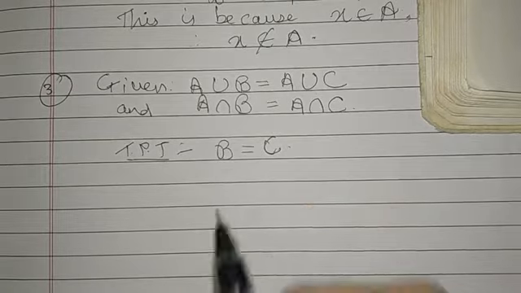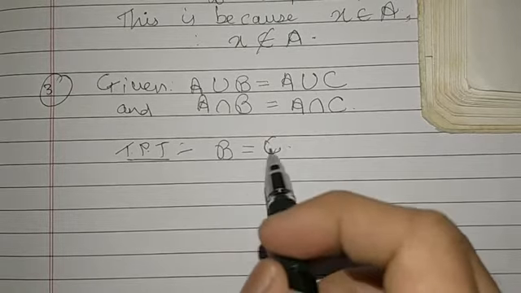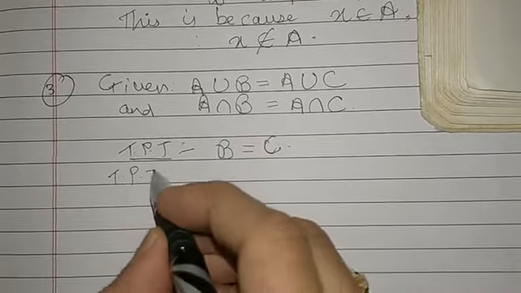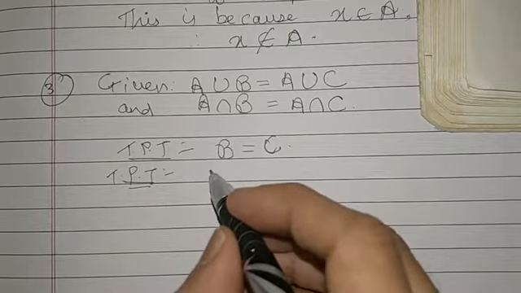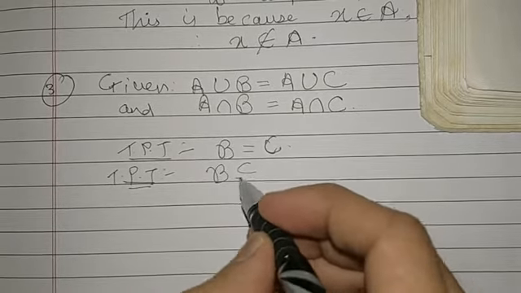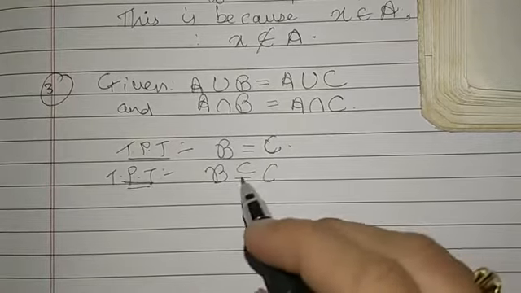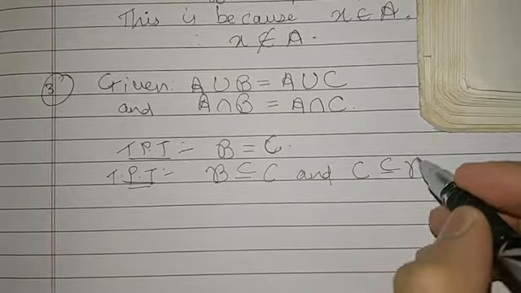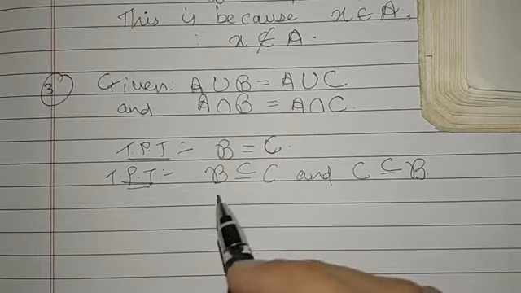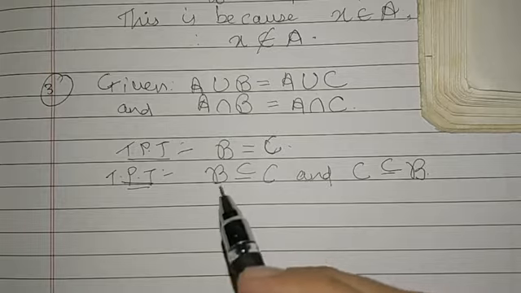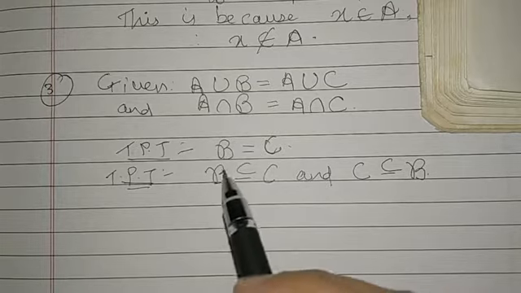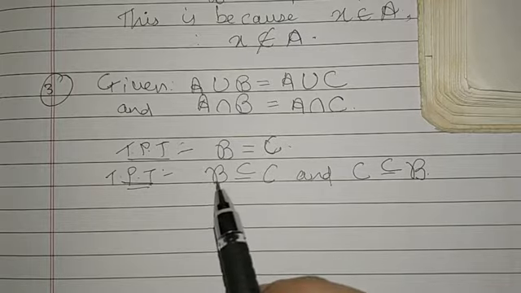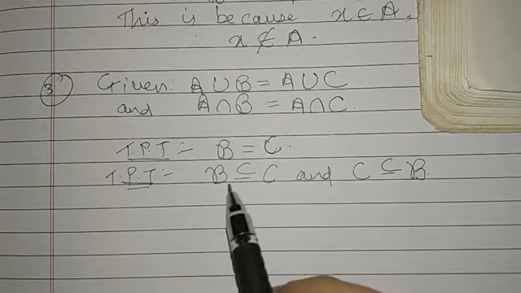Now see, there is a method to prove that a set is equal to another set, that is B is equal to C. First you have to prove that B is a subset of C, and then prove that C is a subset of B. You have learnt this in the previous subtopic, subsets: how to prove that two sets are equal.